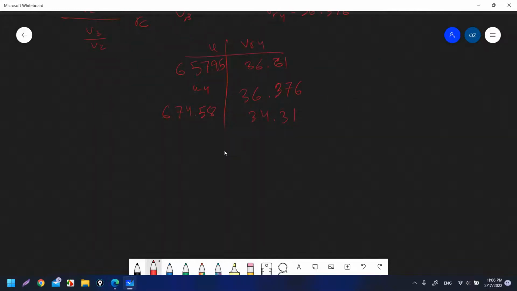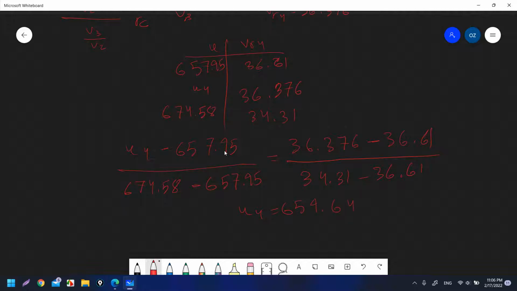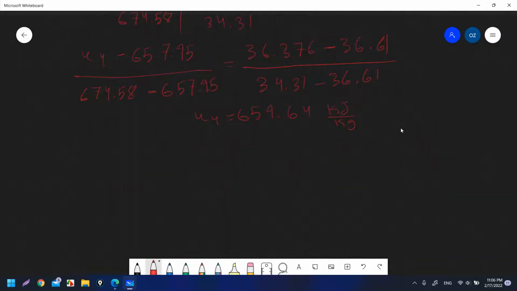So u4 minus 657.95 over 674.58 minus 657.95 is equal to 36.376 minus 36.61 over 34.31 minus 36.61. So finally u4 is equal to 659.64 kilojoule per kilogram.